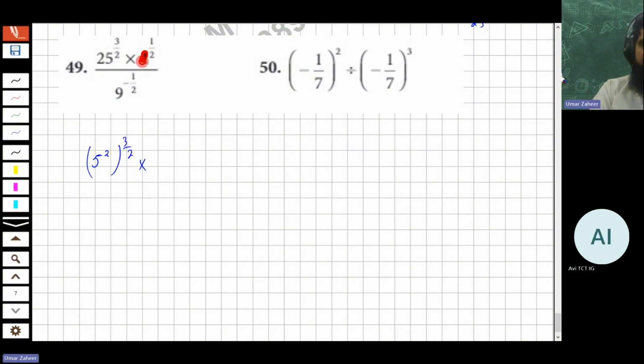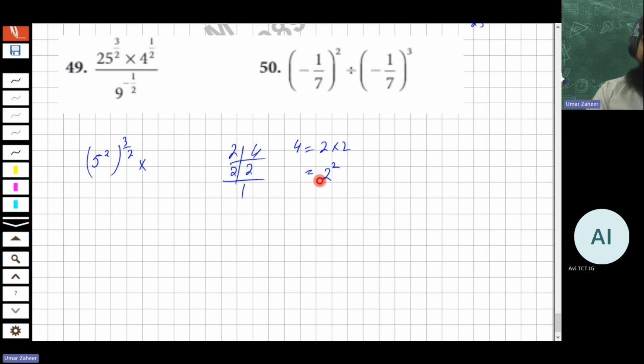We can write 4 in the indices form, the prime factorization. So 4 is equal to 2 multiplied by 2, that will be 2 square.